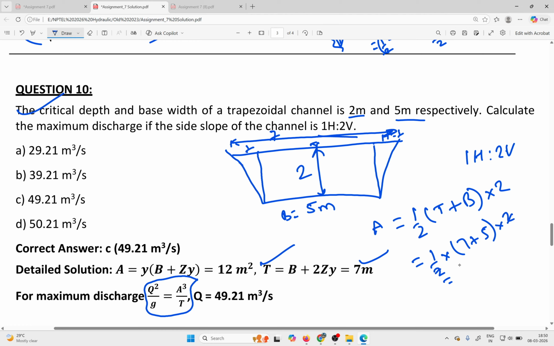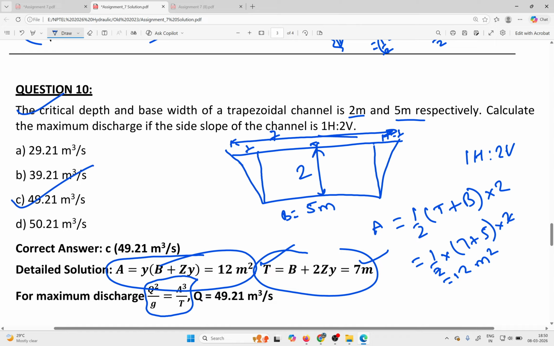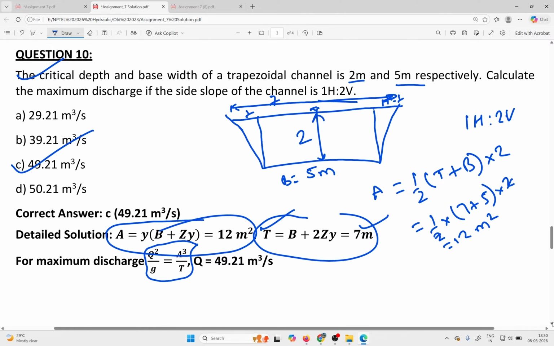The 2 will be cancelled out. So 7 plus 5 will be 12 meter square. So you can calculate in this very simple way, or you can calculate the other way also. Now only the calculation remains. After the calculation you will get 49.21. Okay, nice. So let us move on to the next question.